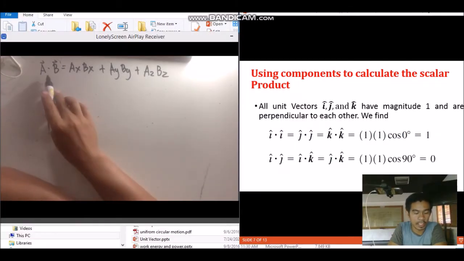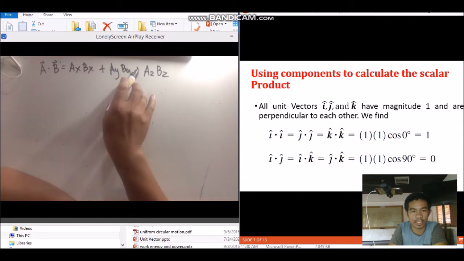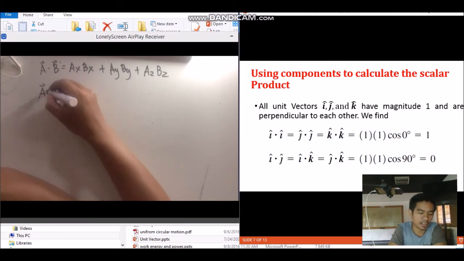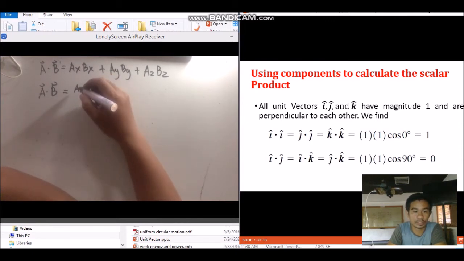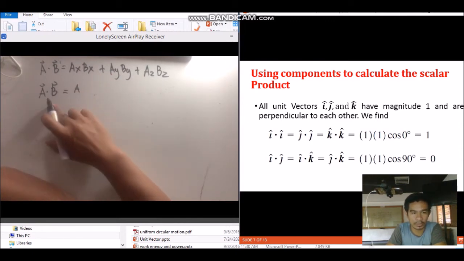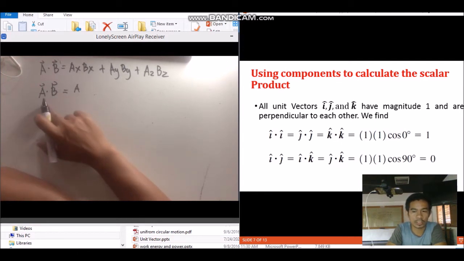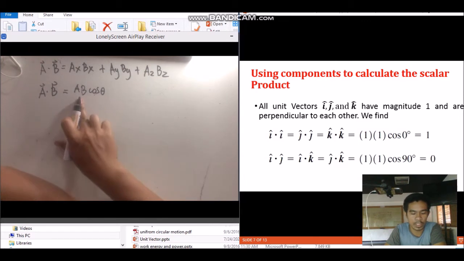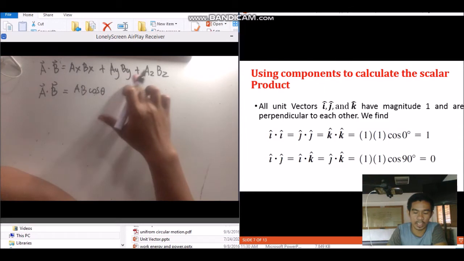Since vector A dot vector B equals AX BX plus AY BY plus AZ BZ, and by the definition of scalar dot product, the dot product is the projection of vector A onto the direction of vector B, or the projection of vector B onto the direction of vector A, or AB cosine theta. So AB cosine theta is equal to AX BX plus AY BY plus AZ BZ.